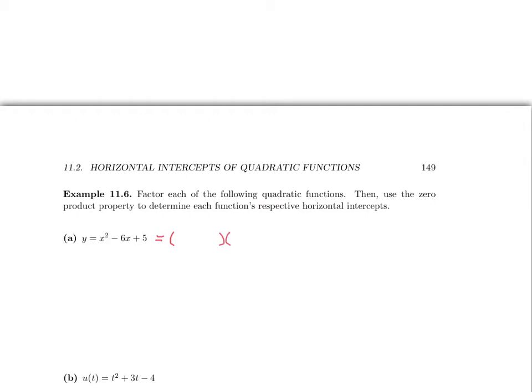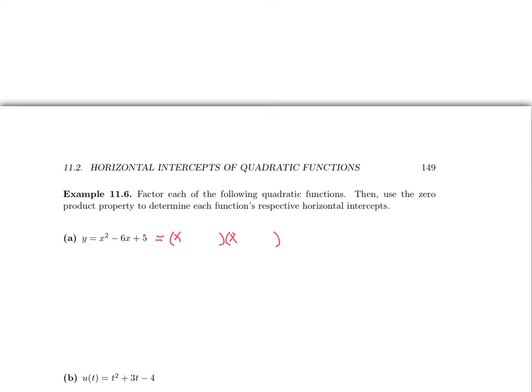We've done this before. This should be a review. We know that it should factor into a form like this. In order to determine the two numbers here and here, we have to find two numbers so that their product is 5 and their sum is -6.